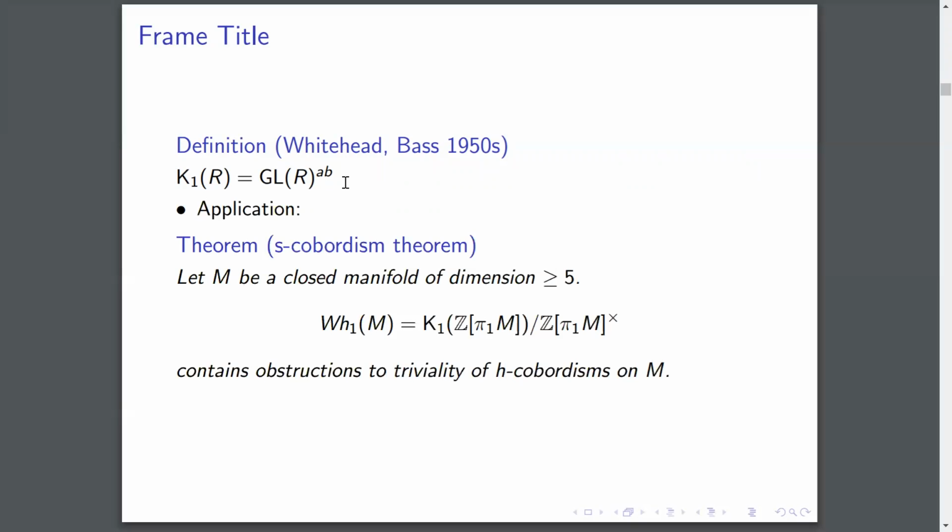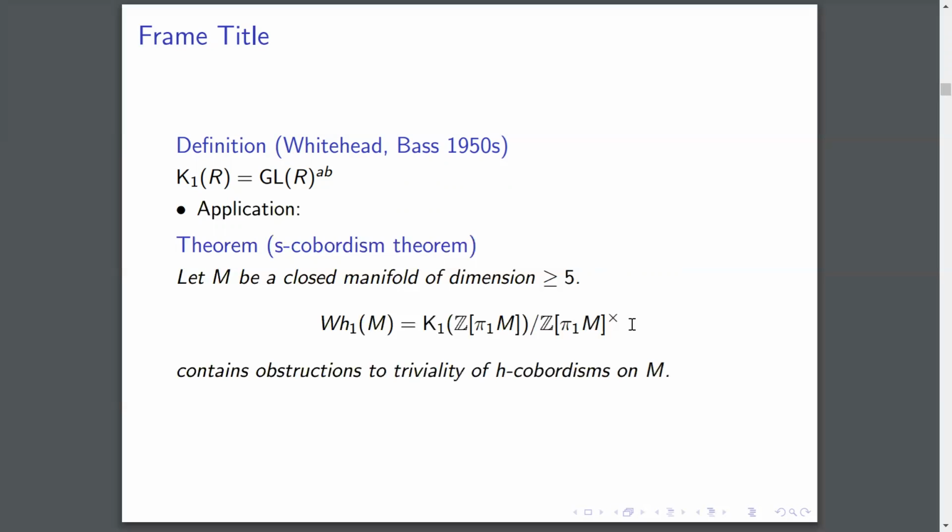And the big application for this one was what's called the s-cobordism theorem. If you have a closed manifold M of dimension larger than or equal to 5, this theorem states that the Whitehead group of the manifold, which is K1 of the group ring of pi1 of M, quotiented out by a subgroup of units, contains topological information.